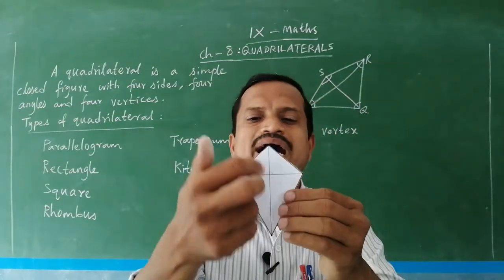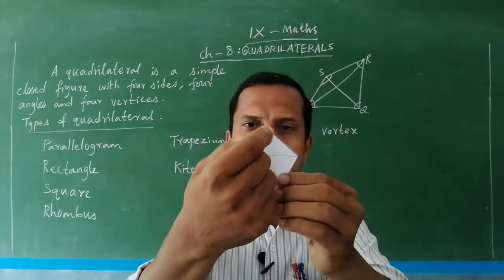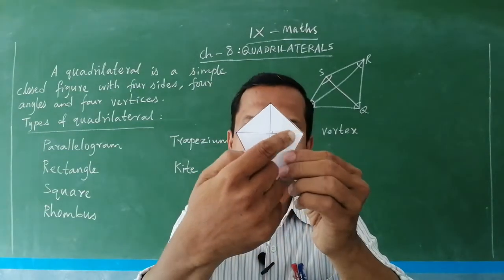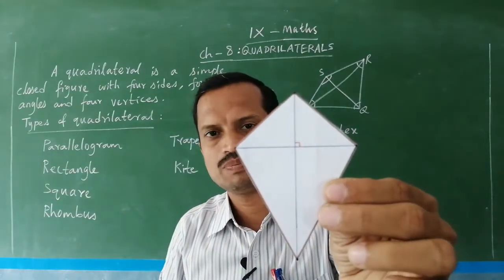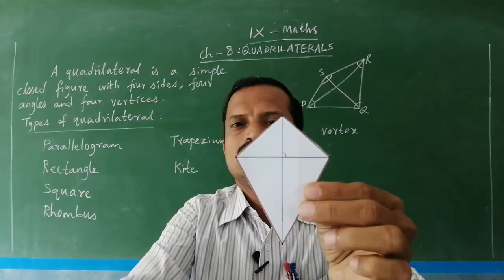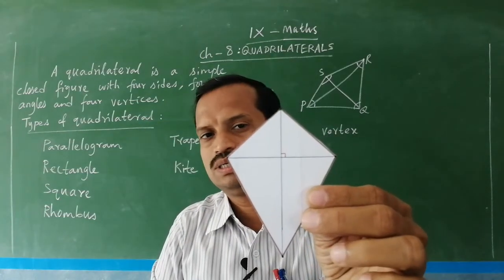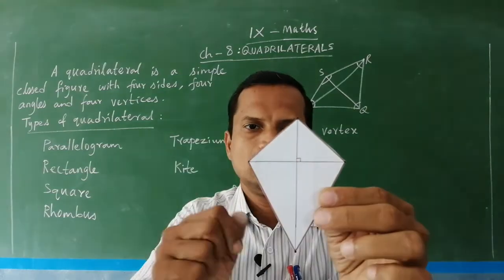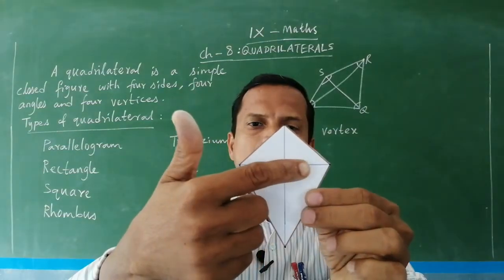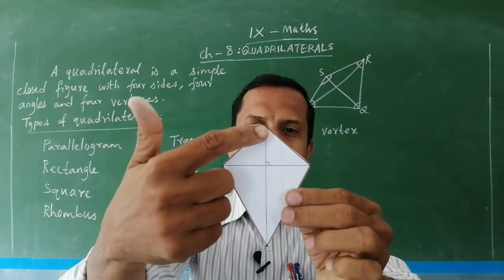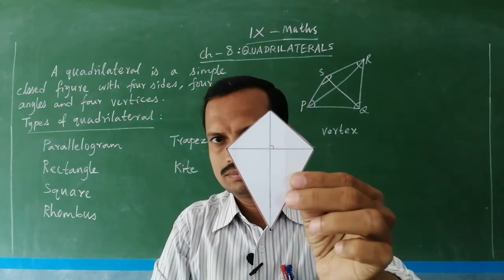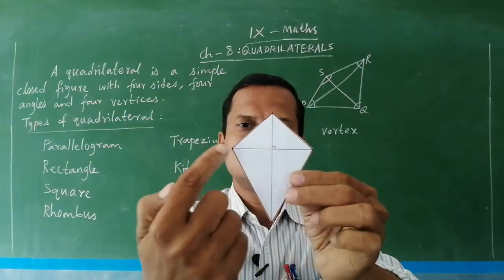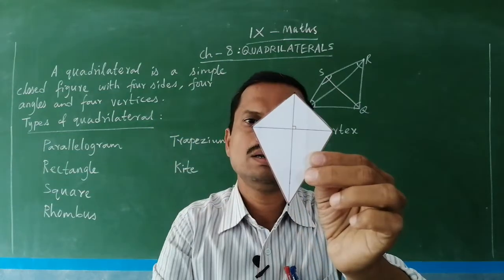And about diagonals, one is a long diagonal, another one is a short diagonal. Is it clear? But the diagonals are perpendicular to each other. And also one more thing, the short diagonal is bisected by the long diagonal. Okay, this is the short one and this is the long diagonal.